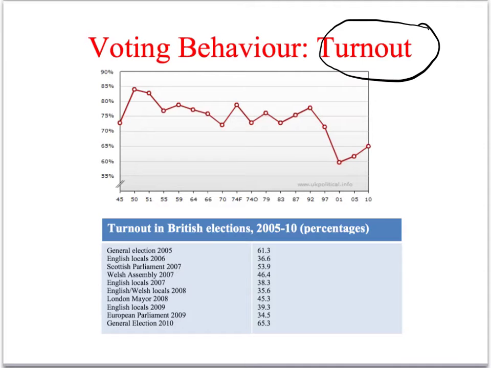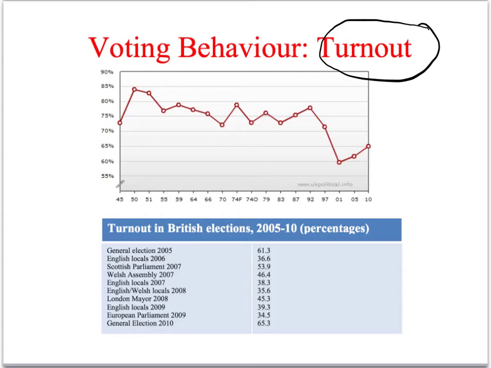Even though there was a modest recovery in 2005, when it went up to 61%, and a bit more of a recovery in 2010 when it went up to 65%, even in those two elections the turnout percentage is much lower than the average for the post-war period.